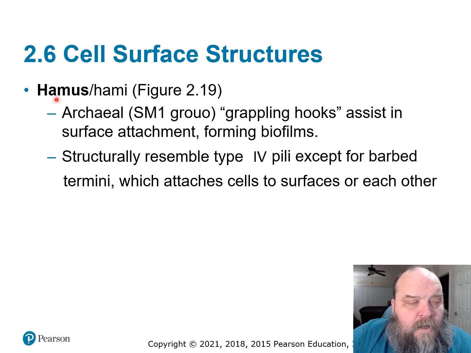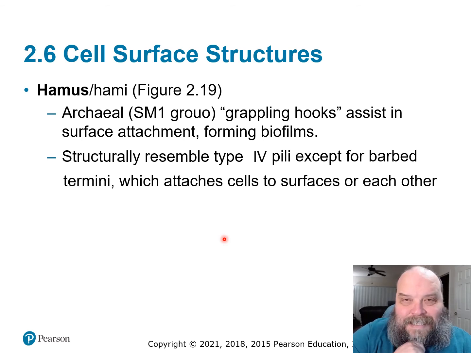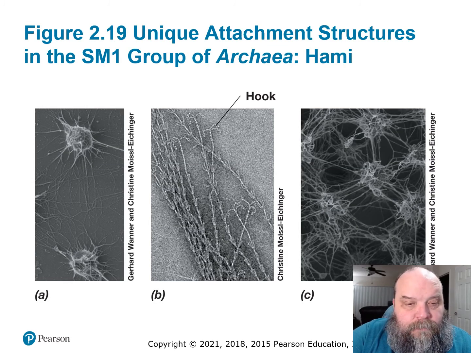We also see that there are these things referred to as hami, or the singular hamus. These are going to be grappling hook-like things that are going to be on archaea. These allow for attachment, they allow for movement. They're similar to the type 4 that I just talked about a few slides ago for bacteria. But here, these hami have barbed ends that allow more for attachment and movement.